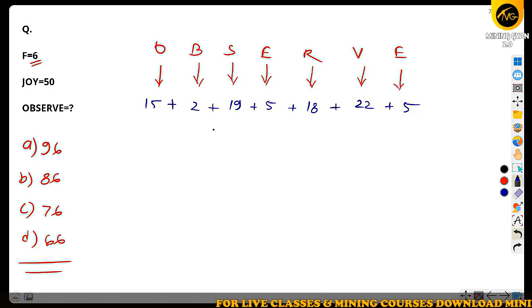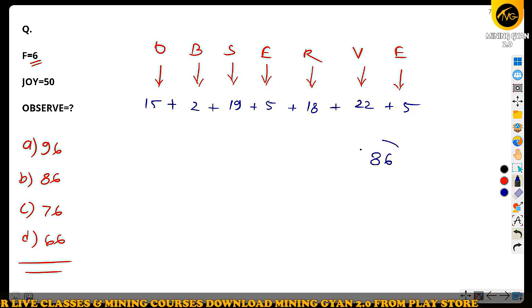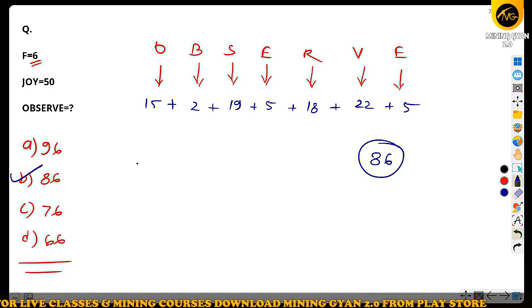So adding up: 15, 17, 26, 36, 51, 59, 61. So 86 will be the correct answer. So option B is the correct answer, 86.